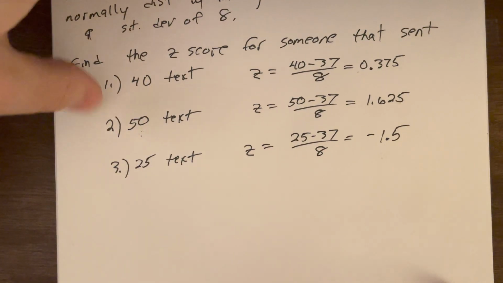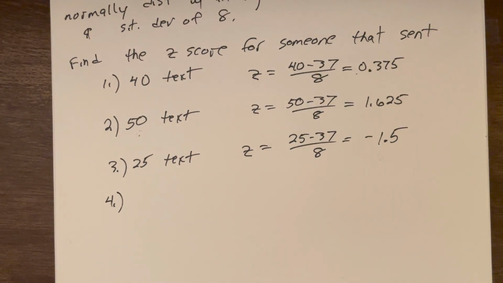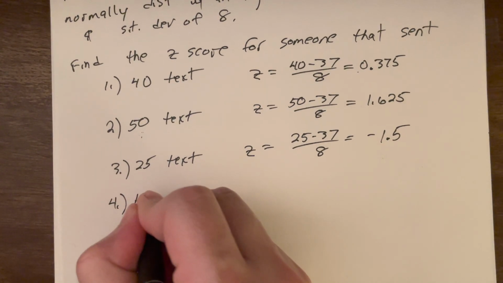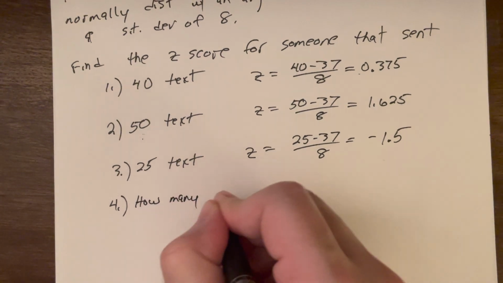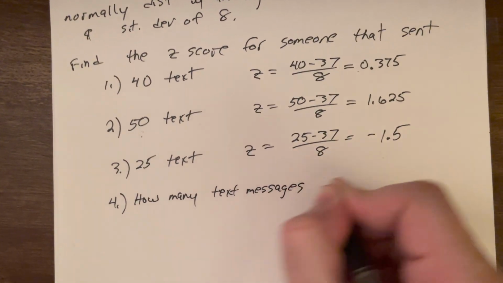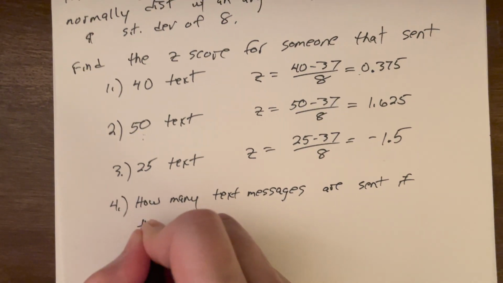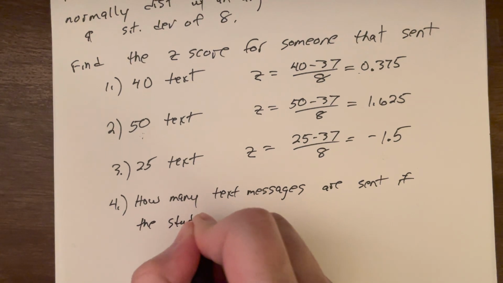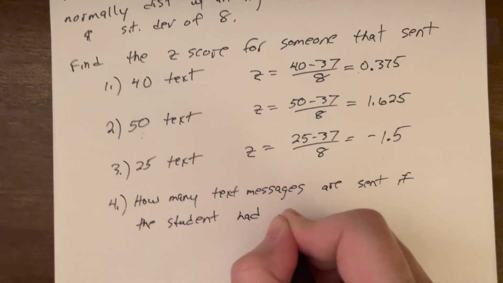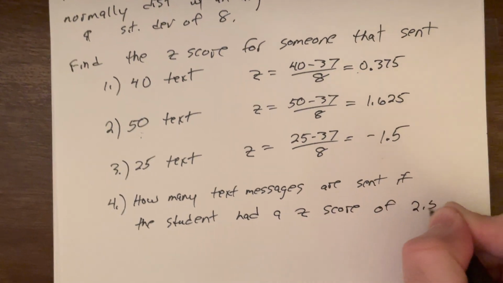And the last thing we can do here, before we make two comparison problems, is go in reverse. How many text messages are sent if the student had a z-score of 2.5?